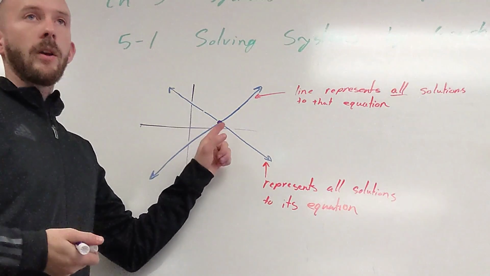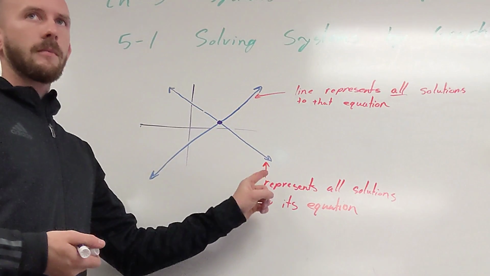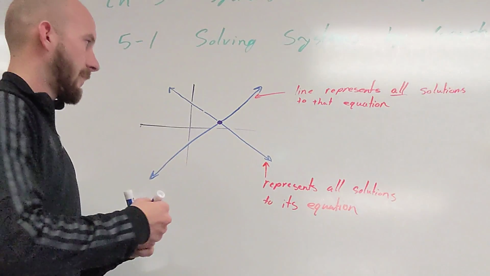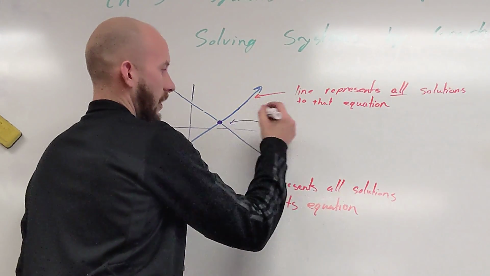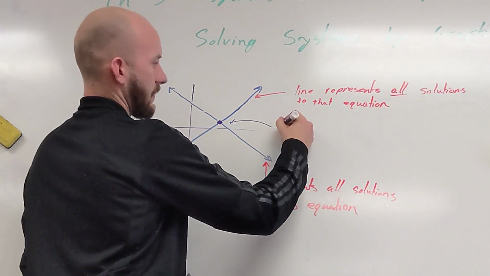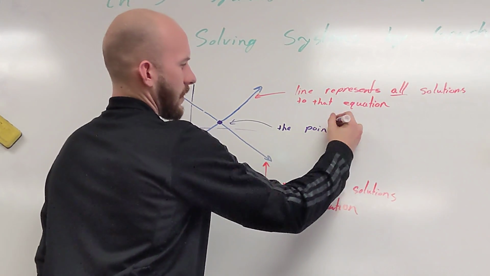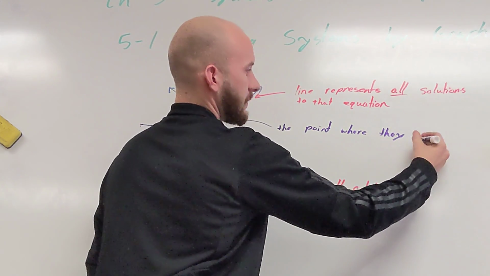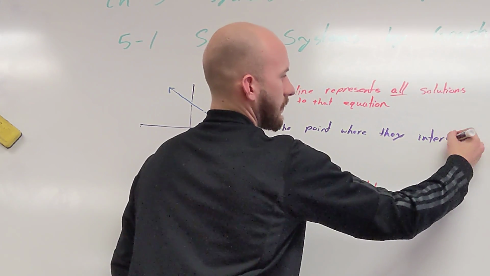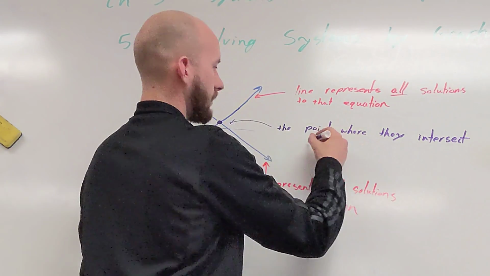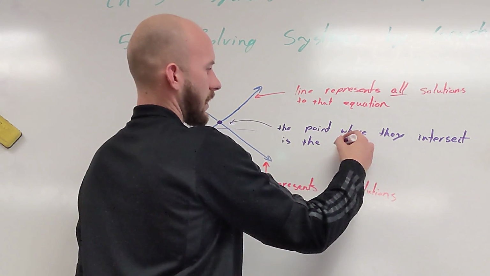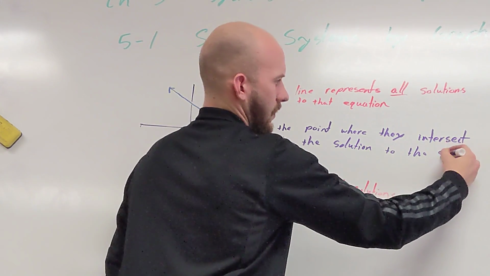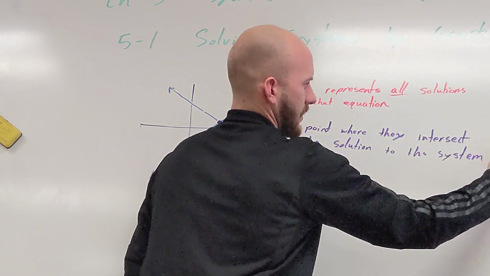Because that point is a solution to this line, and it's also a solution to this line. So out here I'm going to write: the point where they intersect is the solution to the system.